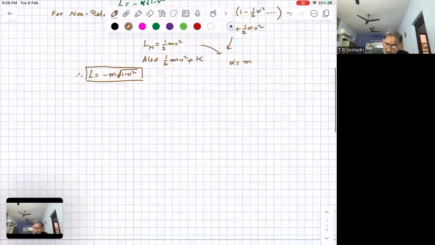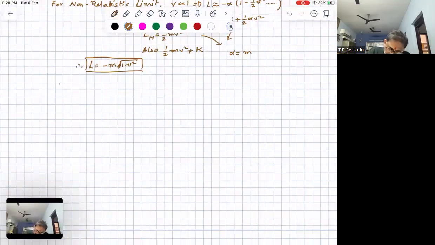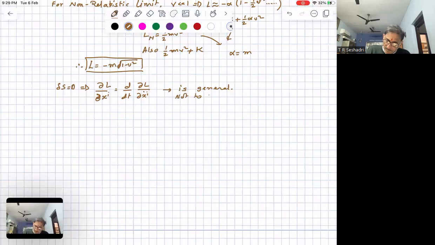Now, as far as this is concerned, the fact that delta S is equal to 0 implies del L by del x_i is equal to d by dt of del L by del x_i dot. This is general and has nothing to do with relativistic or otherwise.